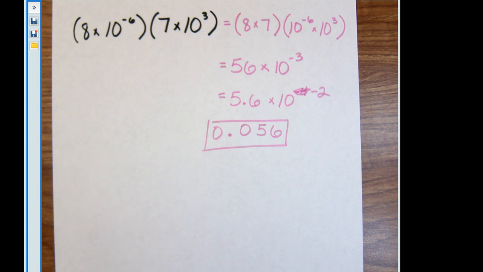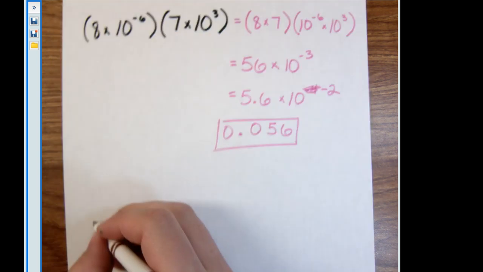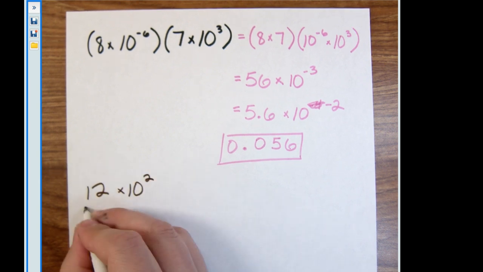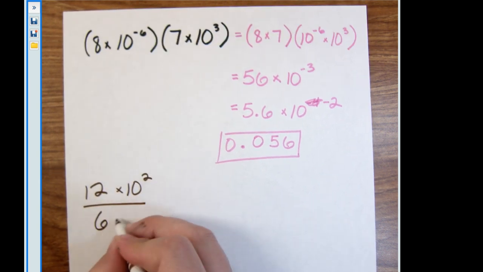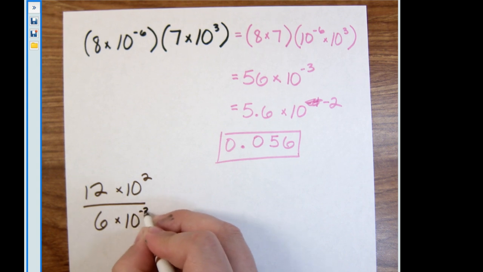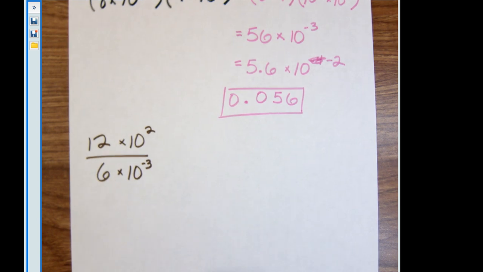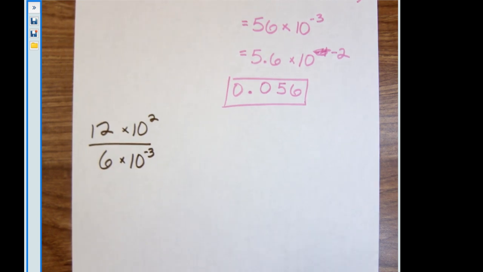Okay, let's do a division one. That one pretty much functions the same. And when I say it functions the same, what I mean is treat the numbers like their own thing, and then treat the exponents like their own thing. So let's start off with the 12/6. That's pretty easy. What's 12 divided by 6?